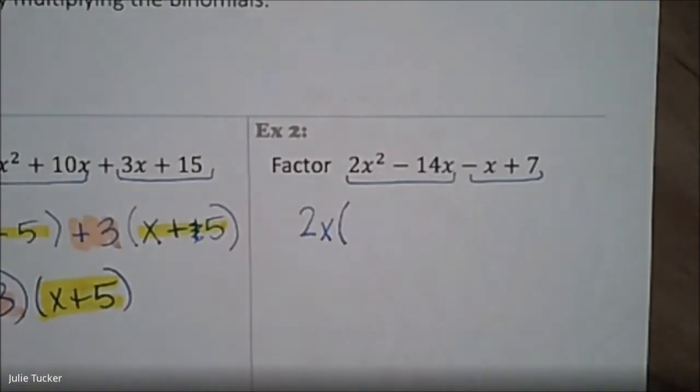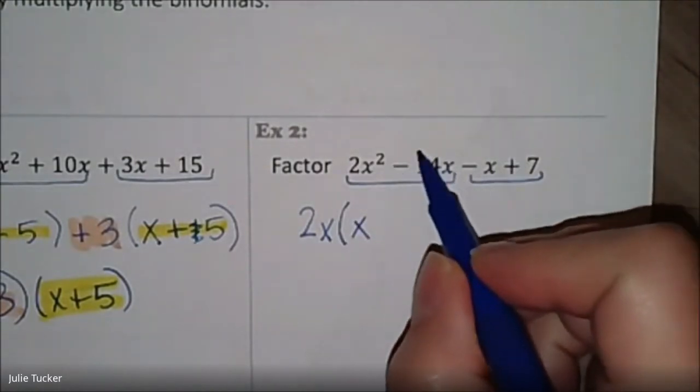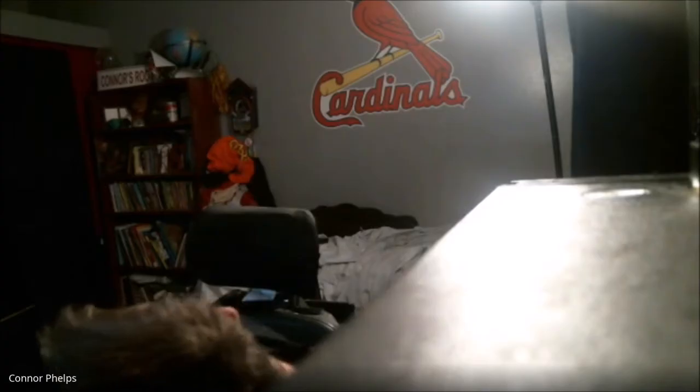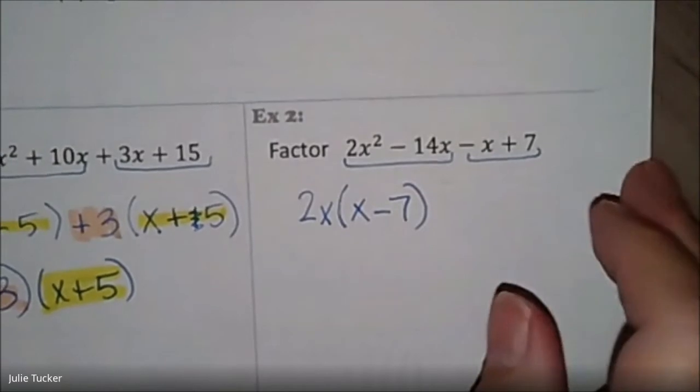Good. And then what about the other term? What about this? 2x times what gives me negative 14x? Nice job. And then we're going to do the next one, okay?